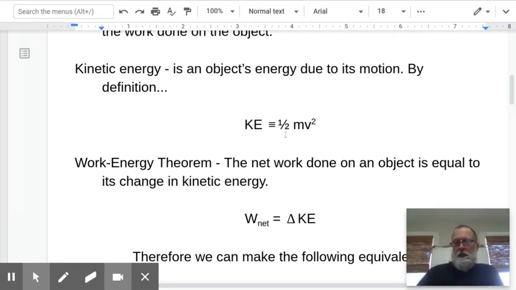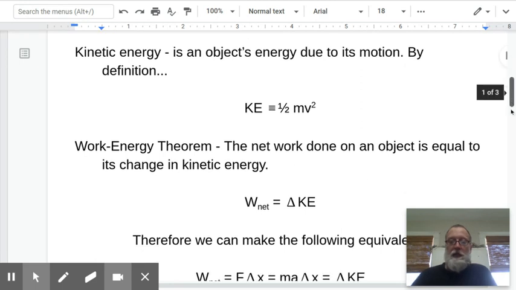Now, to connect kinetic energy to net work, we'll put the delta v back in here, and work net will be equal to the change in kinetic energy.